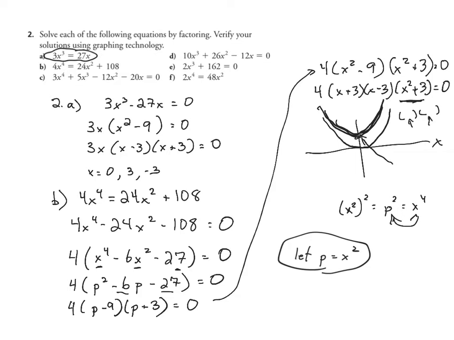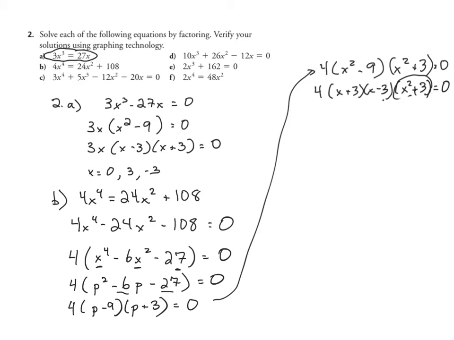That's how you know it can't be factored, if it never actually touches the x-axis. So this is fully factored, and for x squared plus 3, there are no x's that'll give you 0. So there are only actually 2 zeros in this quadratic, or sorry, this quartic. So to solve this, x just equals 3 or negative 3.